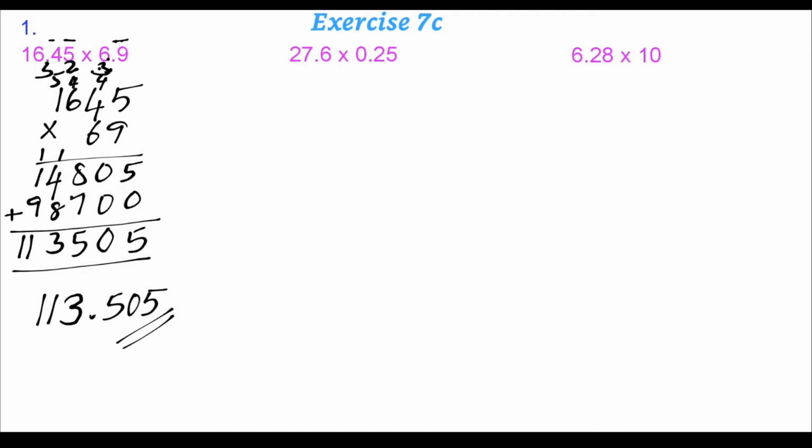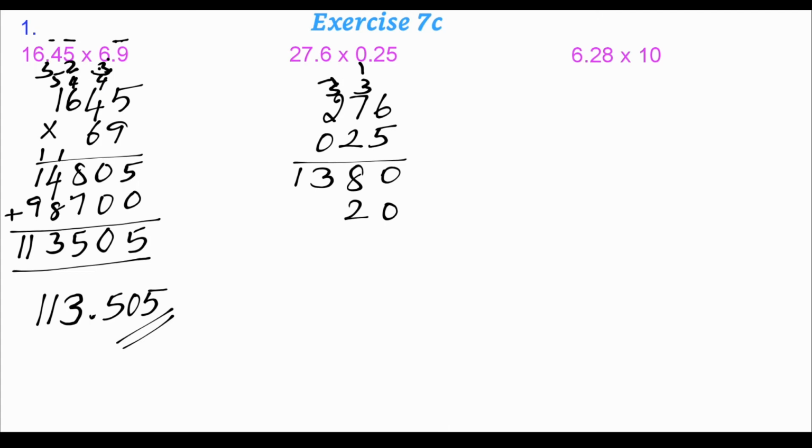Third subdivision, 27.6 into 0.25. Considering this as a whole number, I'm writing it as 276 into 25. 5 6s are 30. 5 7s are 35, 36, 37, 38. 5 2s are 10, 13. Then 0. 2 6s are 12. 1 carry. 2 7s are 14.